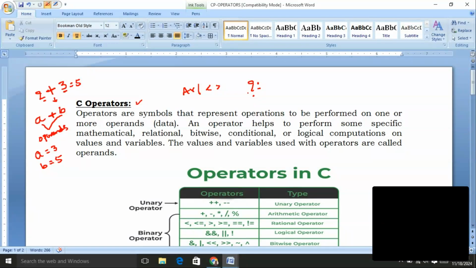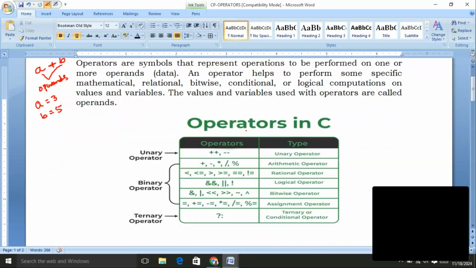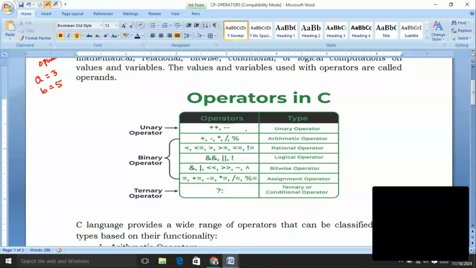Several operators are there in C. In the following diagram, I am going to represent what they are, and some special operators known as the unary operators. Why do we call it unary? Because it operates on a single operand. Here the operand is a single one.